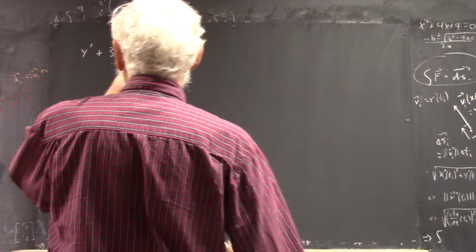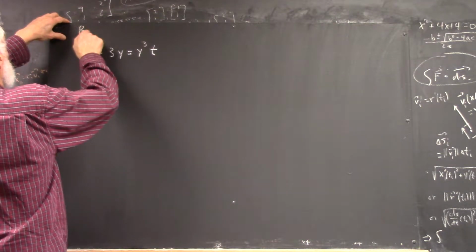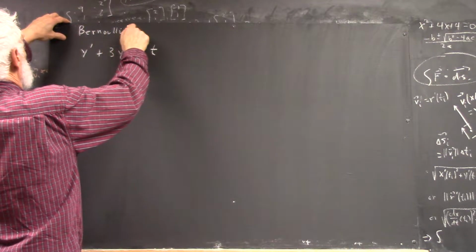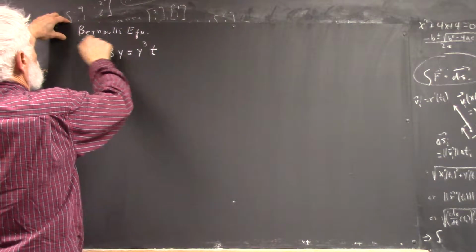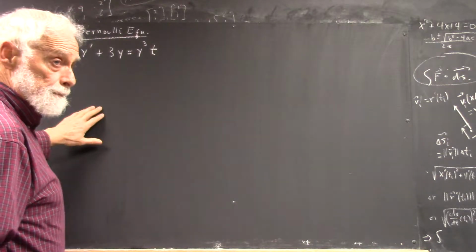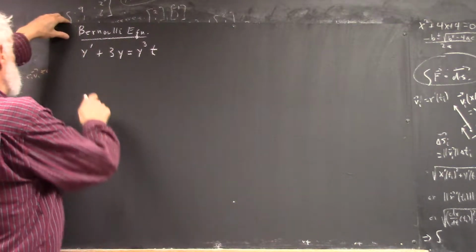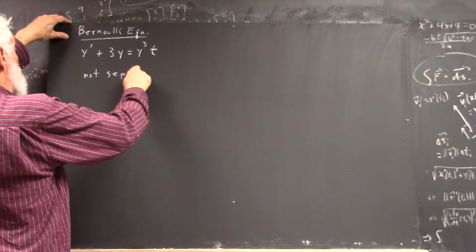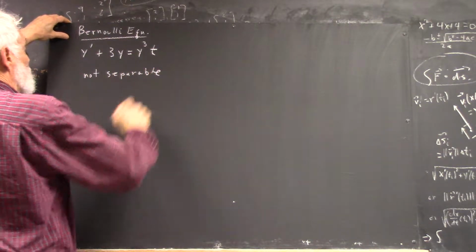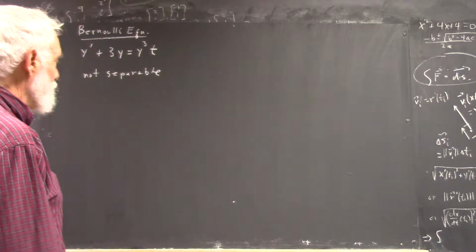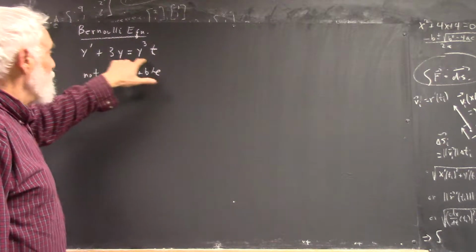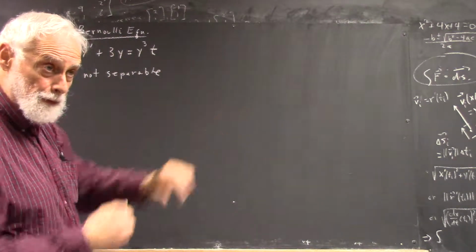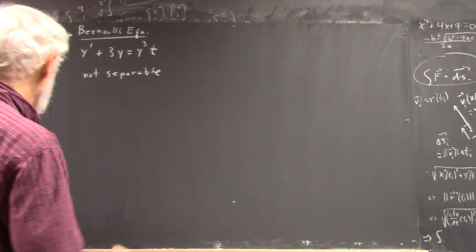Okay, so this is a Bernoulli equation. It's not separable. Try as you might, you're not going to be able to separate the y cubed and the t into a function of y times a function of t.